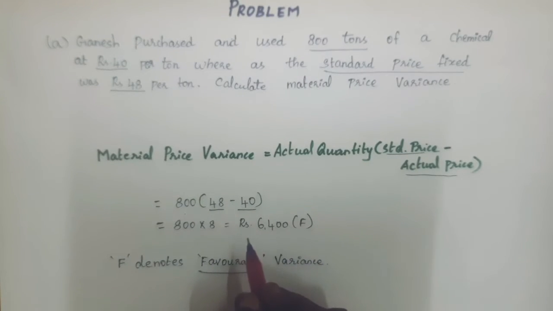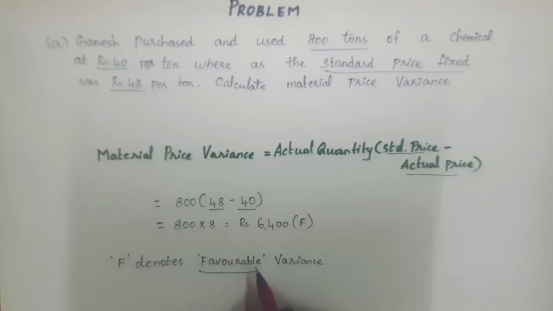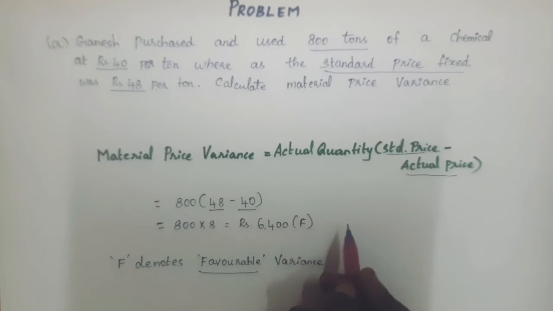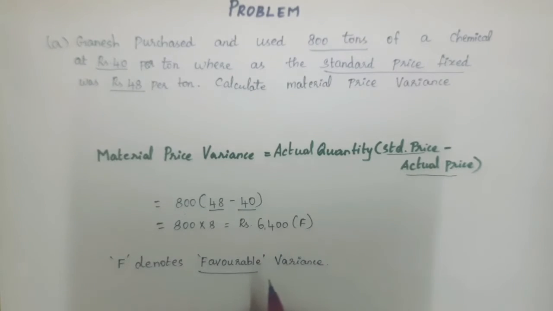If it came like this, you will put A, and A means adverse, negative variance. Here we have a positive amount, so 6400. F means favorable. We will put rupees 6400 F. So the material price variance is 6400 favorable.